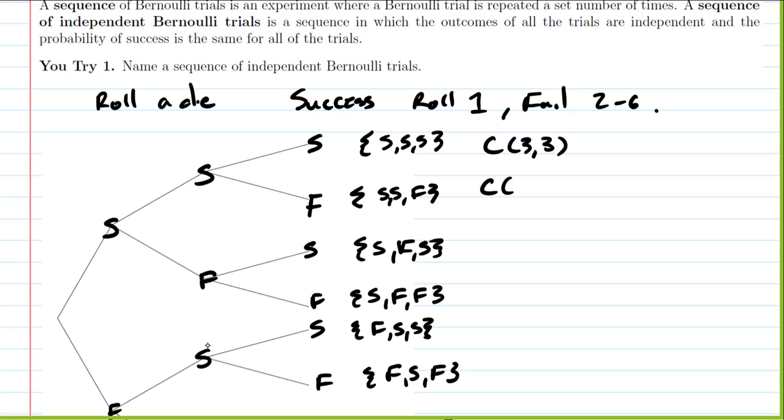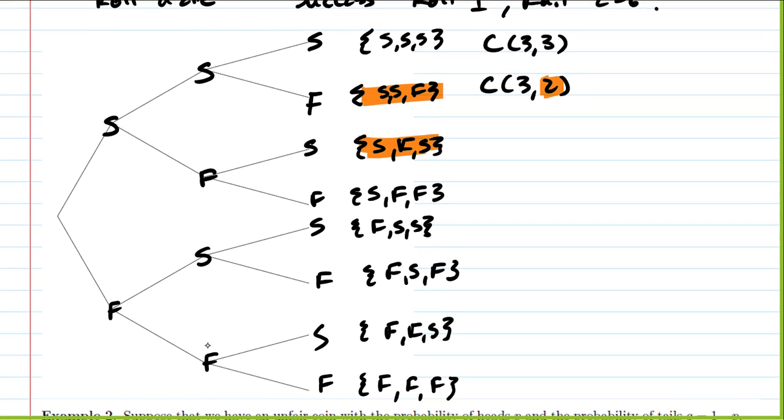This one is 3 choose 2, which is where we wanted 2 successes. So that's this one. This one had 2 successes, and this one had 2 successes, right? And then our next one that we ran into is 3 choose 1, which is 1 success. And counting our 1 successes, we're here, here, and here.